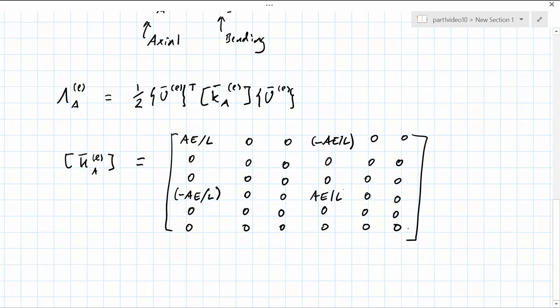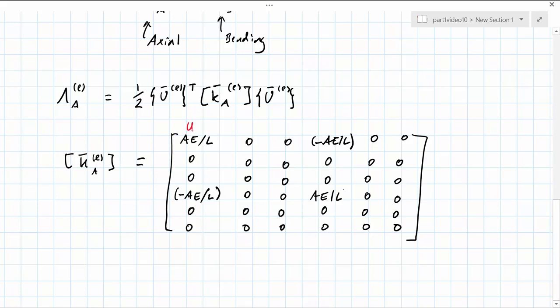You'll notice that this is a 6 by 6 element stiffness matrix. This is because the rows and columns correspond to the total number of nodal degrees of freedom. These are indicated in red along the rows and columns of the matrix.